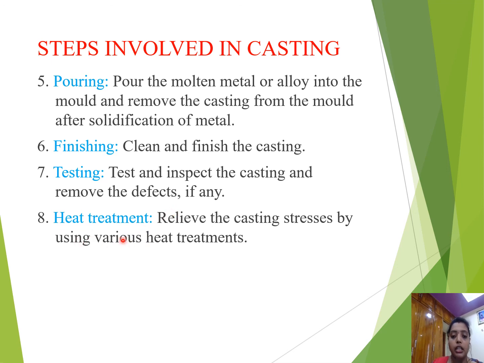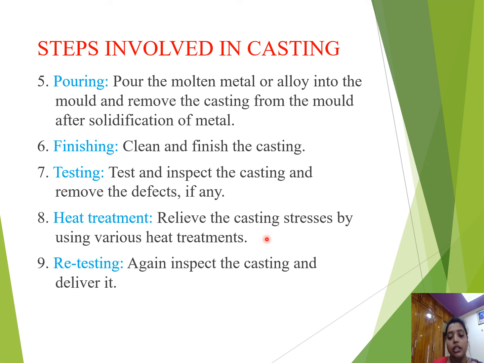The next one is heat treatment. Heat treatment means relieving the casting stresses by using various heat treatments. The stresses which are developed with high temperatures in the casting can all be removed by using different heat treatment methods.